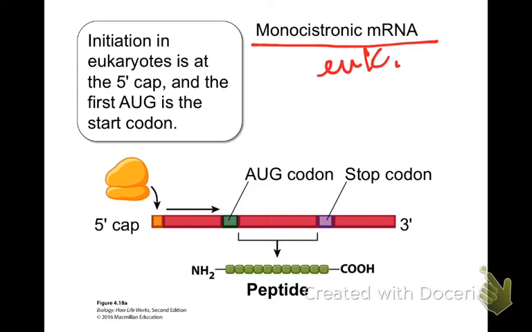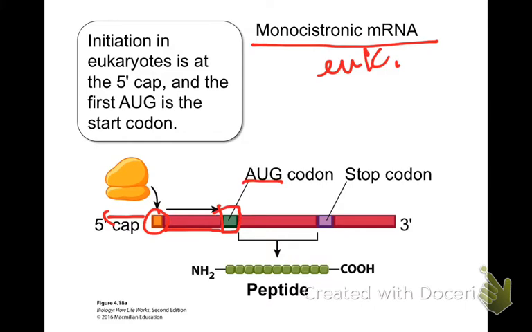So initiation in eukaryotes is at the 5' cap, and the first AUG is the start codon. Here's the cap. This is what's going to be read first into the ribosome. The ribosome is just going to read this until it gets to the start codon right here, AUG.